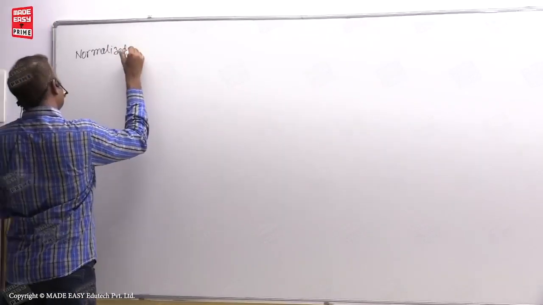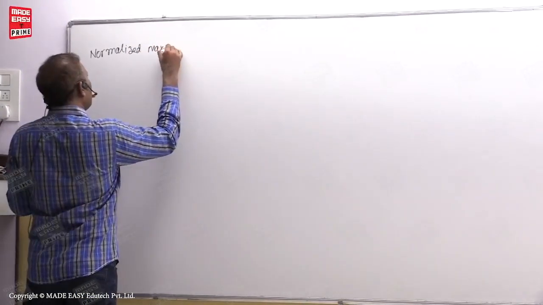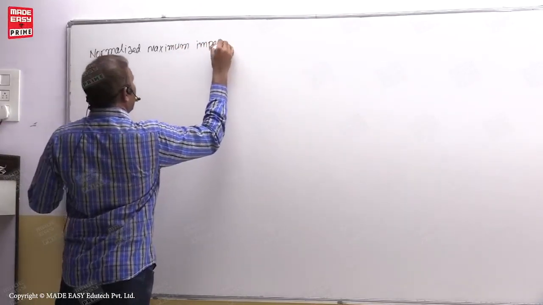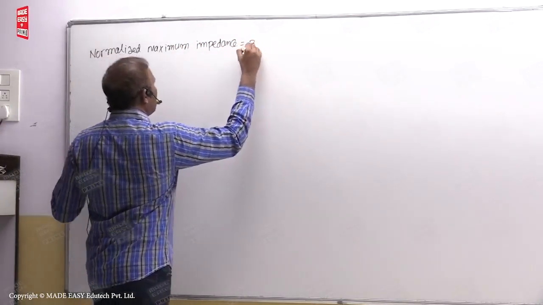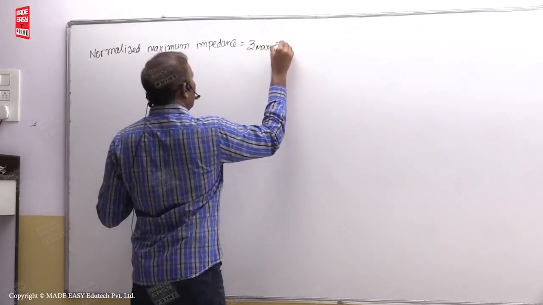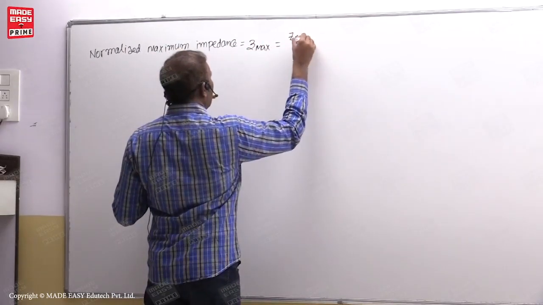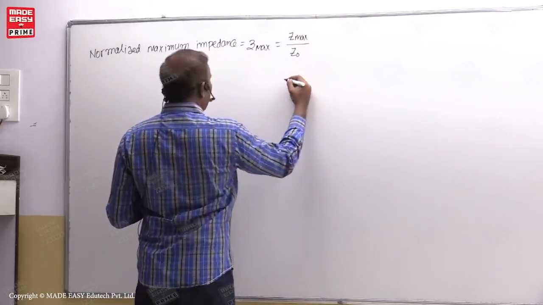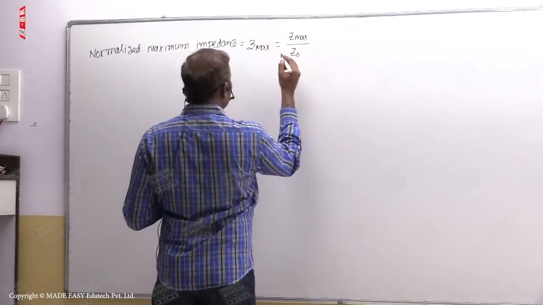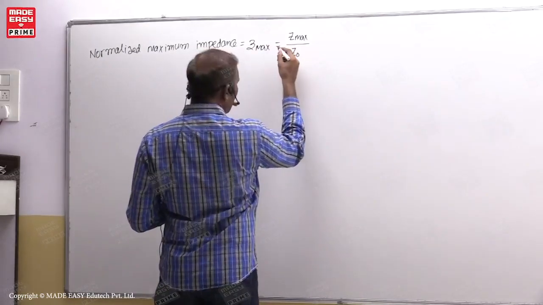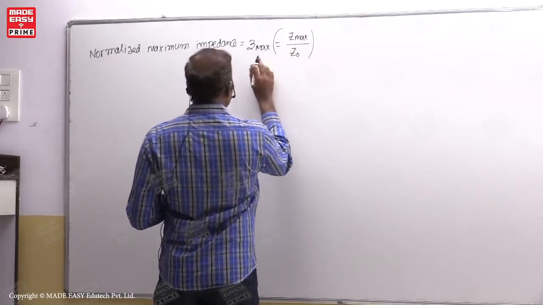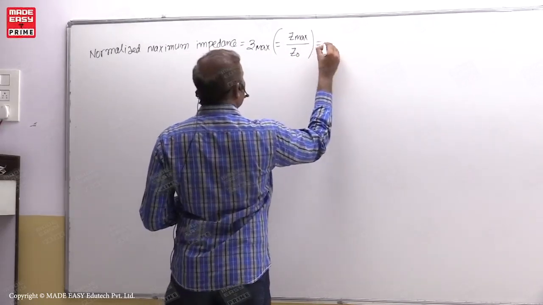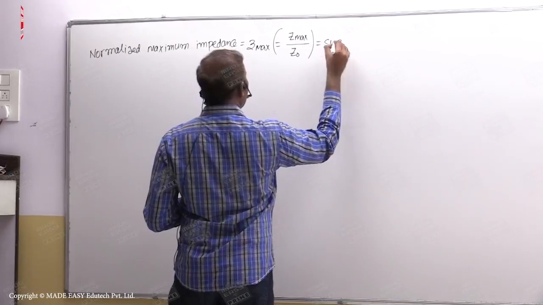So here normalized maximum impedance is equal to small z maximum, that is equal to maximum impedance by Z naught. This is the definition, and that becomes standing wave ratio.